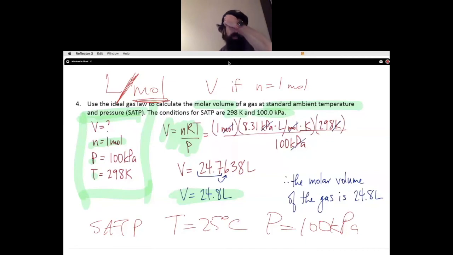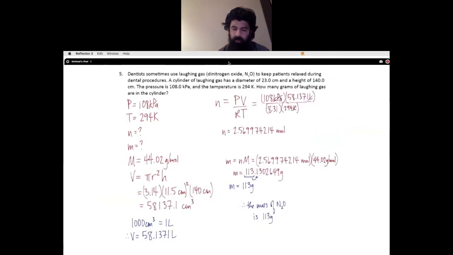Okay, so remember that, that's SATP, while at STP, T is 0 degrees Celsius, and P is equal to 101.3 kilopascals.